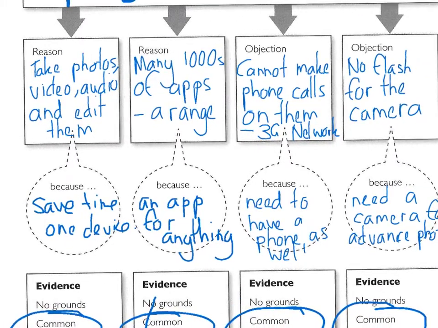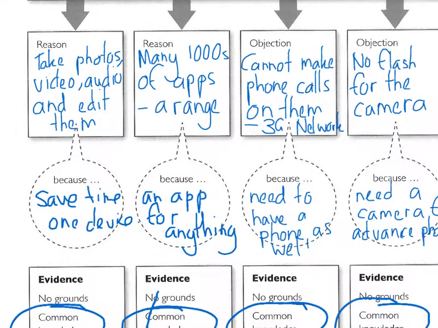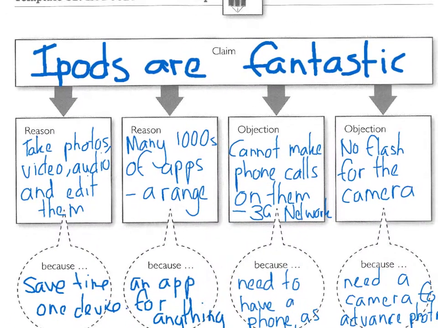Now if we just stop there and take a moment to consider that. What I've done here is made a claim at the top, and given some reasons and some objections, for or against the claim, and I've also backed those up by giving reasons for why the reasons are good and why the objections are valid. And they link back to the claim up here.